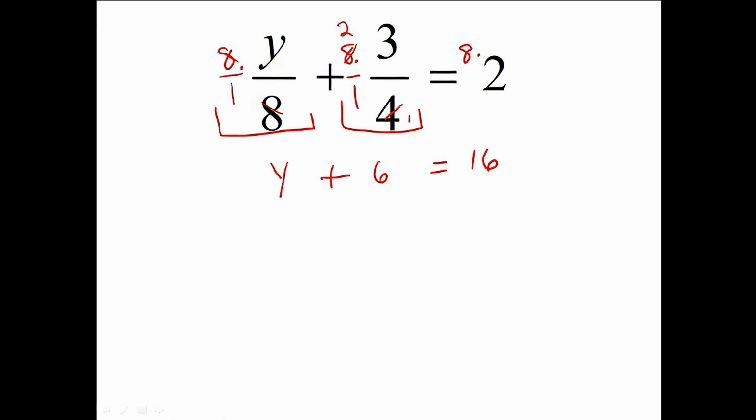Now we'll solve. We'll go on the side with the y, and we want to take off the 6. It's added, so we need to take it away from both sides. And y is isolated.